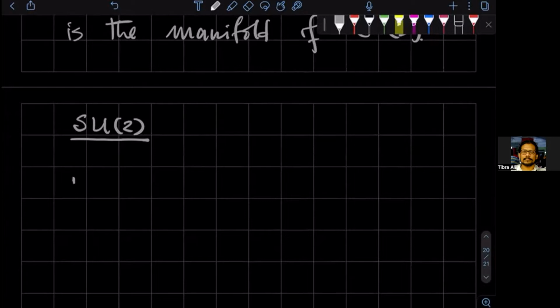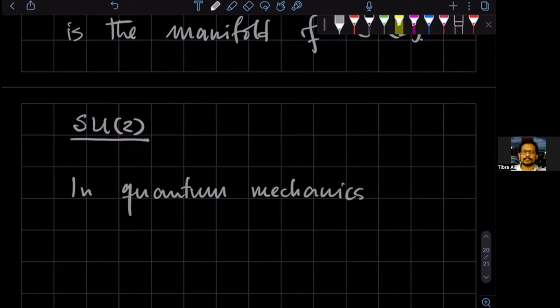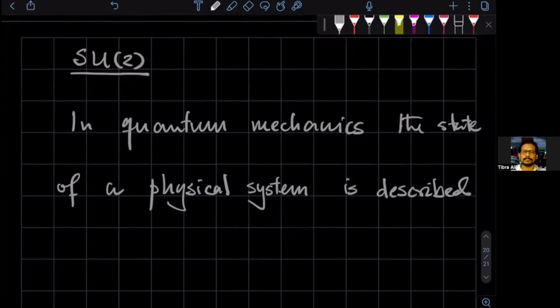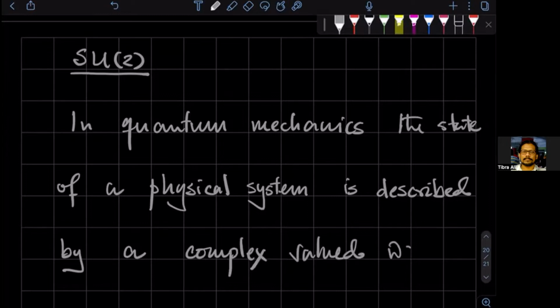Okay, so in quantum mechanics, the state of a physical system is described by a complex valued wave function.